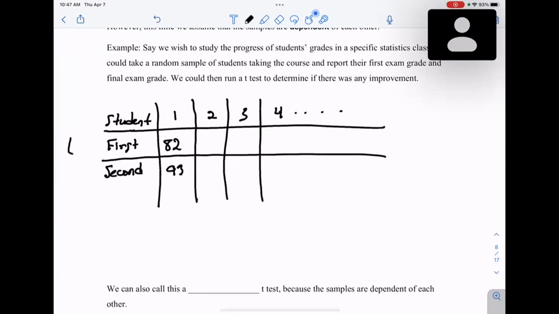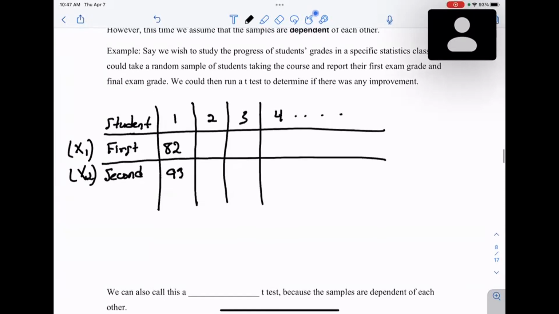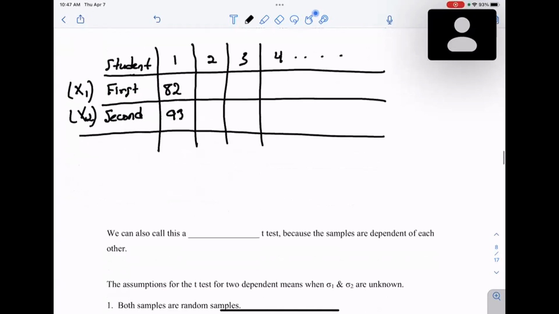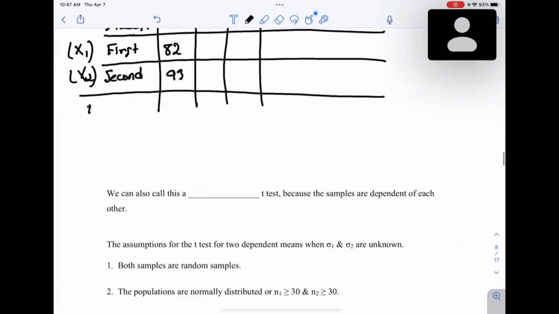We're going to call this X1. We're going to call the second exam X2. What we're going to look at in this section is running a single one sample hypothesis test on the difference X1 minus X2.